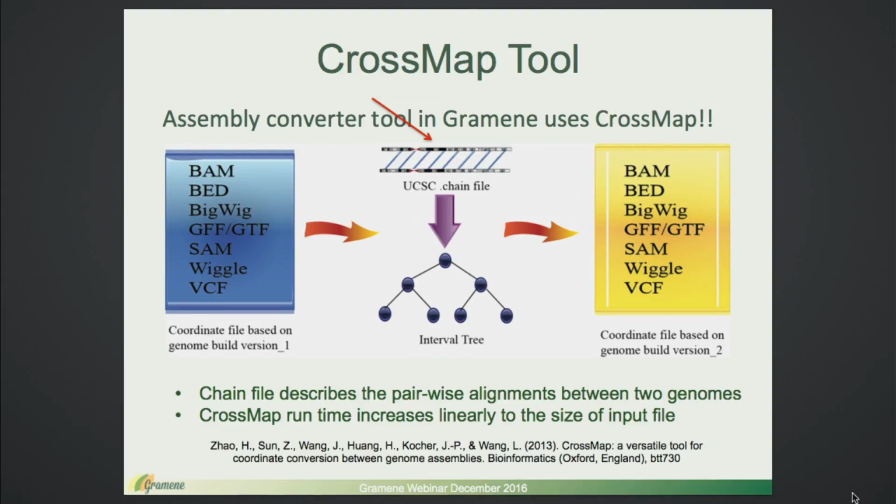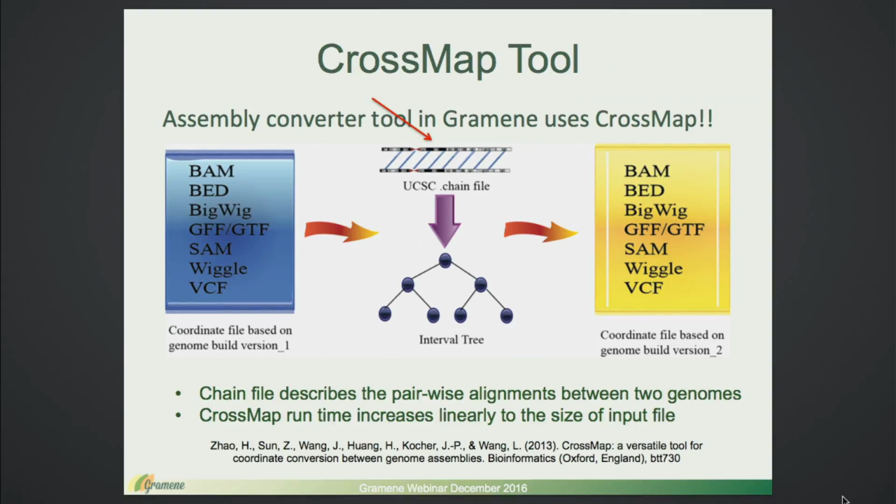The way CrossMap works is it determines correspondence between the two genome assemblies using the UCSC chain file. The UCSC chain file is nothing but a pairwise alignment between two genomes. The genome intervals are stored in an interval tree data structure. If you want to find an overlap for all the intervals, you can navigate through the interval tree data structure.